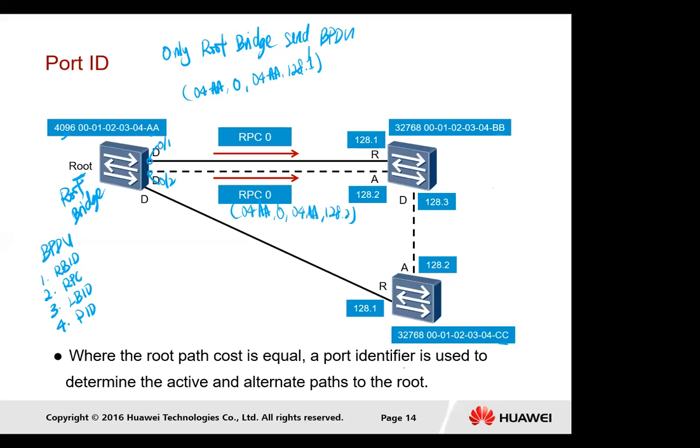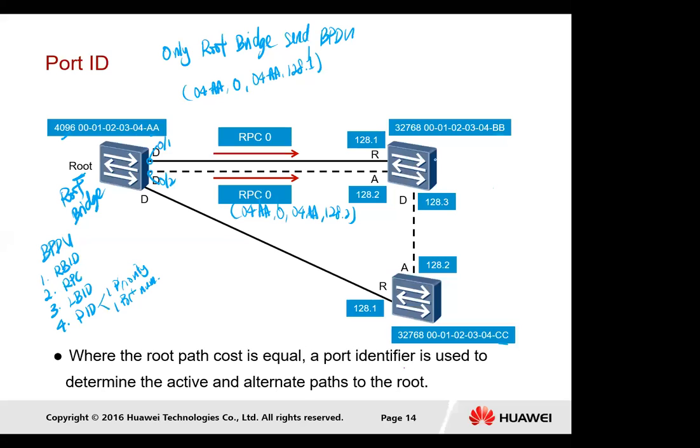So the .1 and .2 depend on the port numbers, because you have a priority and a port number.